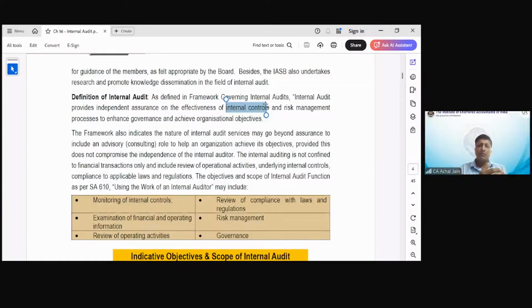Of course, an entity may have a document wherein everything is written down. But what if that is not working in an effective manner? What if that is not functioning at all? Is that document of any use? Not much. So when it comes to these internal controls, it's important that those controls are effectively operating.